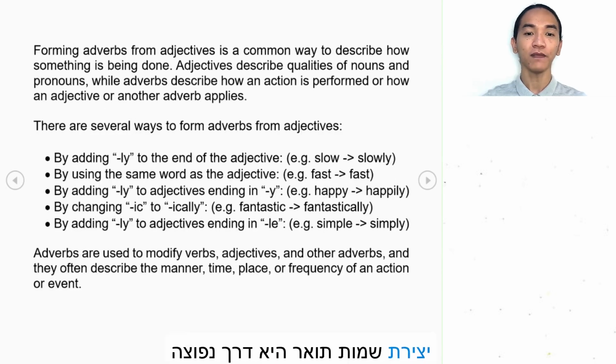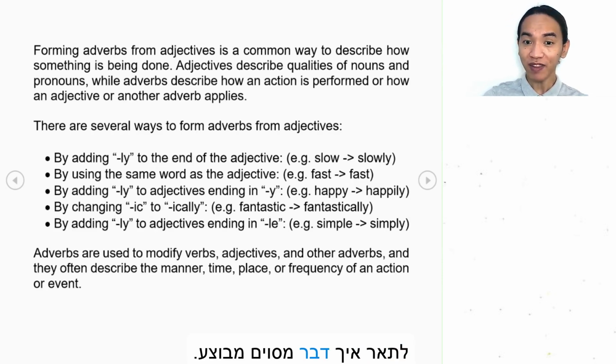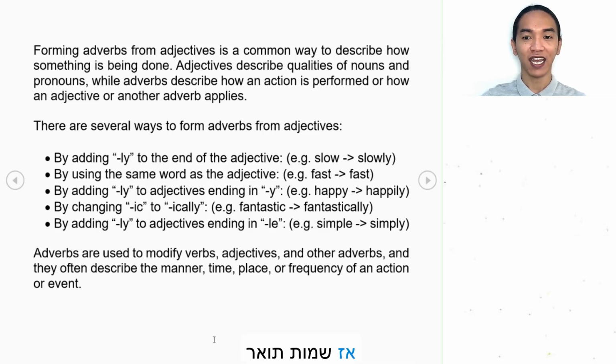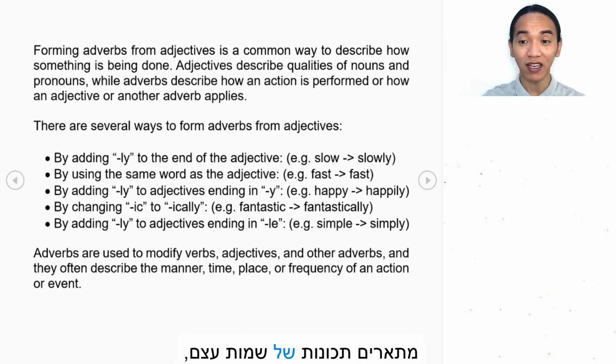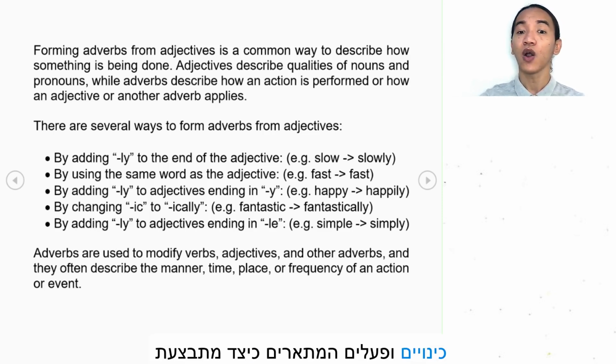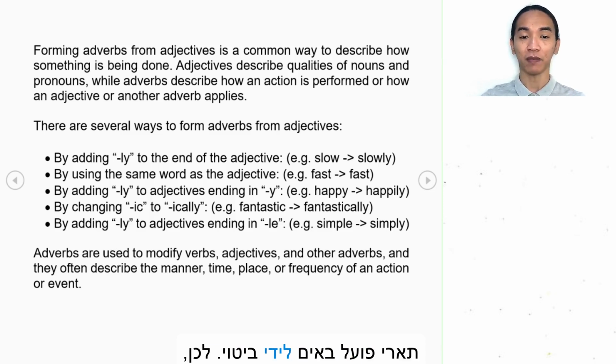First of all, forming adverbs from adjectives is a common way to describe how something is being done. Adjectives describe qualities of nouns and pronouns, while adverbs describe how an action is performed or how an adjective or an adverb applies.